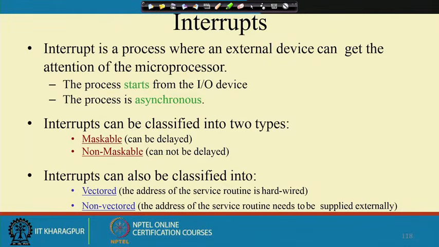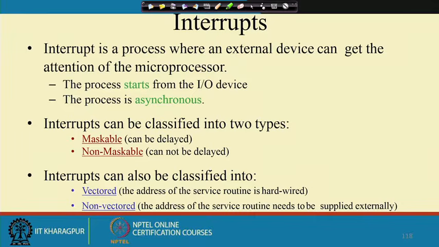Some of these interrupts are maskable interrupts, because you can make the processor wait for some time, and some of them are non-maskable interrupts, so they cannot be delayed. In terms of our day to day life, suppose the microwave oven whistle goes, that means the food is ready. We know that even if we keep the food there for some time, nothing is going to happen.